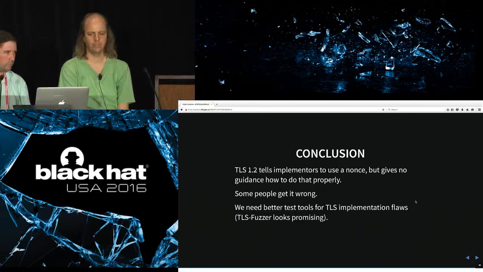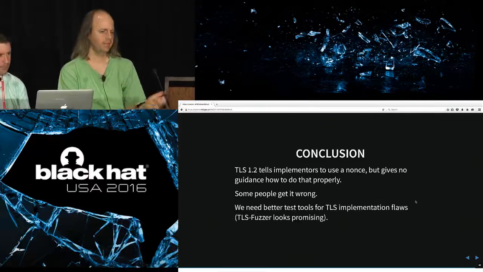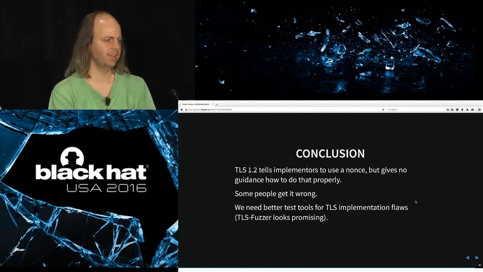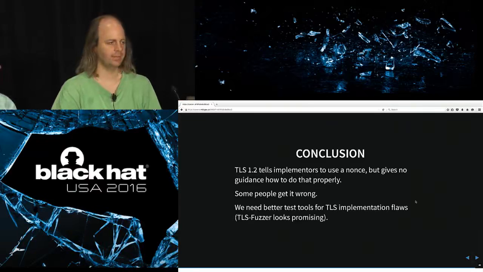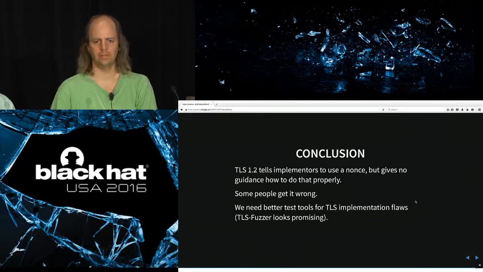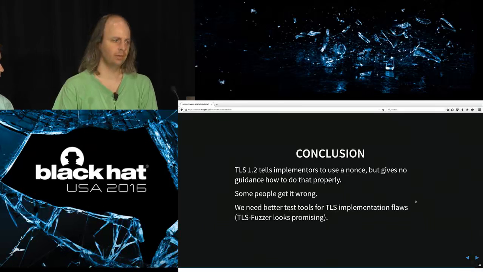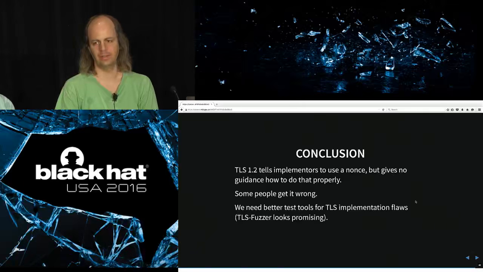So TLS 1.2, I think, is really an example of a specification that you don't want to have, because it's telling an implementer that, okay, you need a nonce here, but it doesn't give any good guidance on how to do that. I think we need more robust specs here, where in many cases we can just avoid these situations by, as Sean just said, in TLS 1.3, the nonce will be an implicit value, so you cannot do that wrong, or else your implementation will just not work.